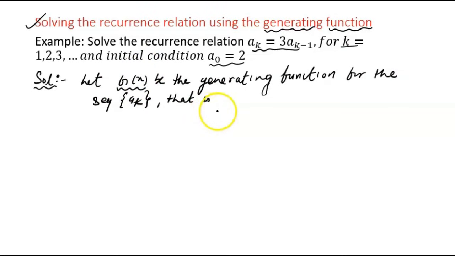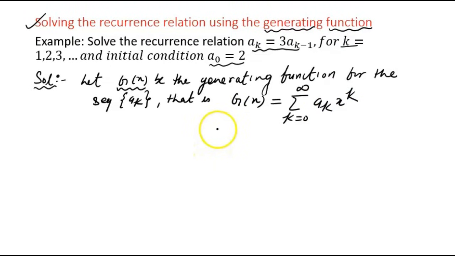So suppose I take the generating function g(x), and this is how we write it: g(x) is equal to the summation, k varies from 0 to infinity, of a_k, the general term of the sequence, times x to the power k. Now the recurrence relation that is given is a_k is equal to 3 times a_(k-1).